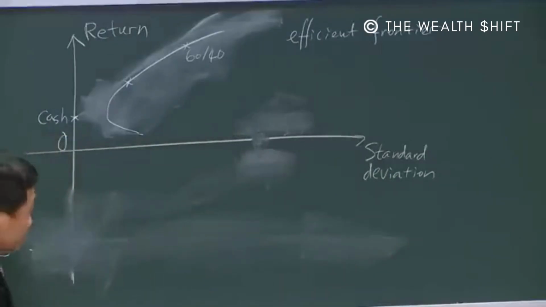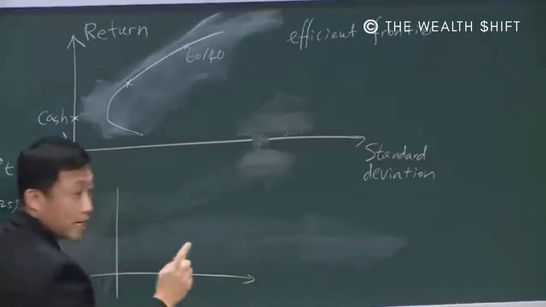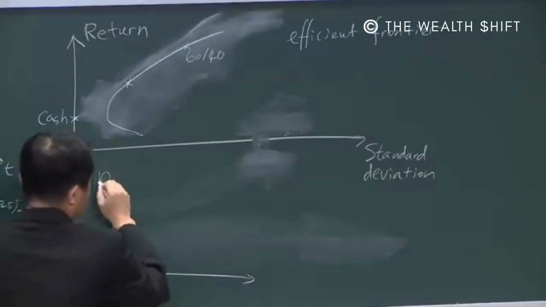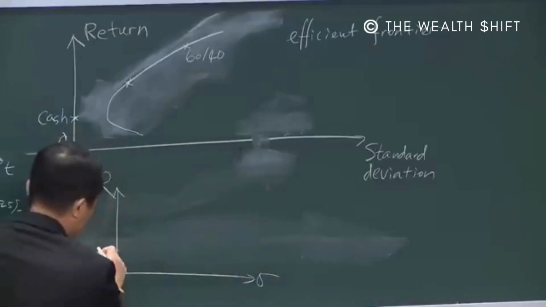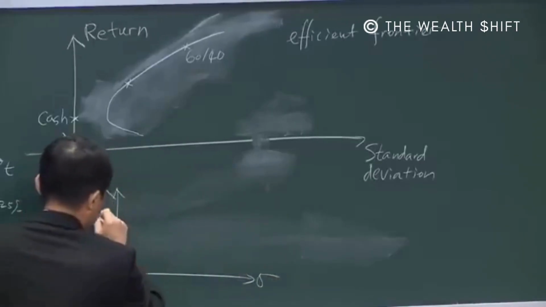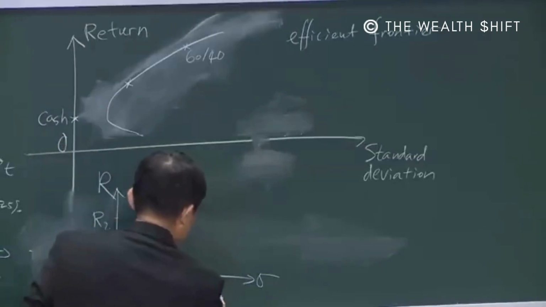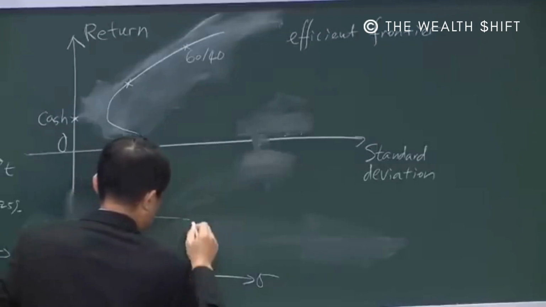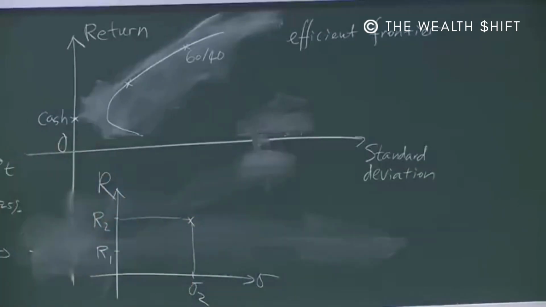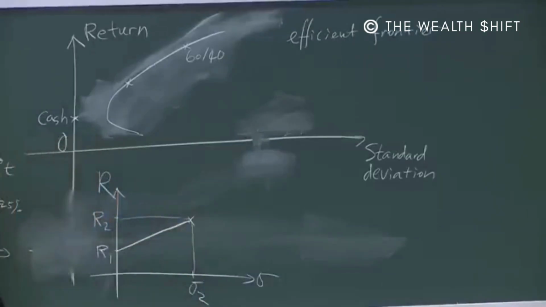Okay. In the previous example I gave you, when you have two assets, one is cash, R1. The other is not; it has a volatility, sigma 2. You have this point, right? And I said what's in between is a straight line.